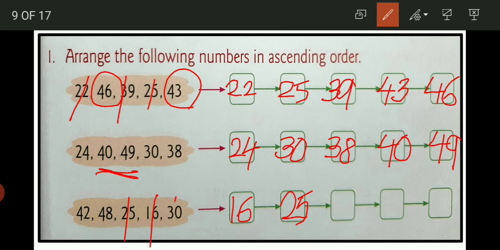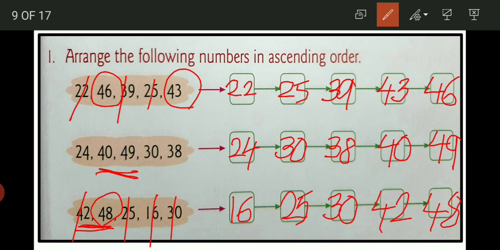Next is 30. Next, two numbers are there with 4 in the tens place. Now which one is the smaller? 42. So first we will write 42, and the biggest number at the last, that is number 48.